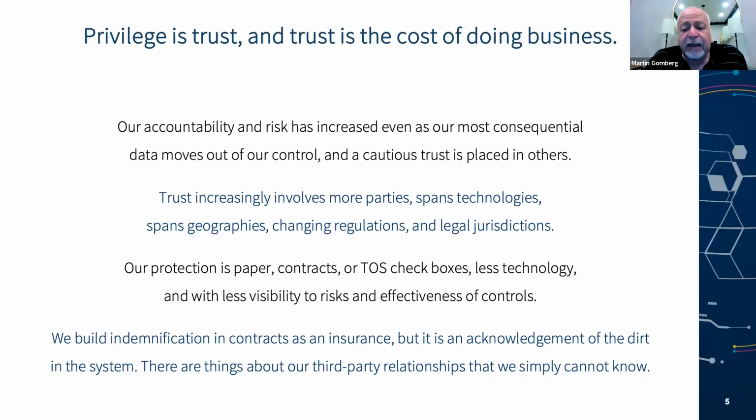It's moving in antithesis. We're expanding our reach, lessening our visibility and control, and expanding our risk. The nature of business is, we're forced to trust, and that increasingly involves more parties, spans more technologies, more geographies, more regulations, more legal jurisdictions.